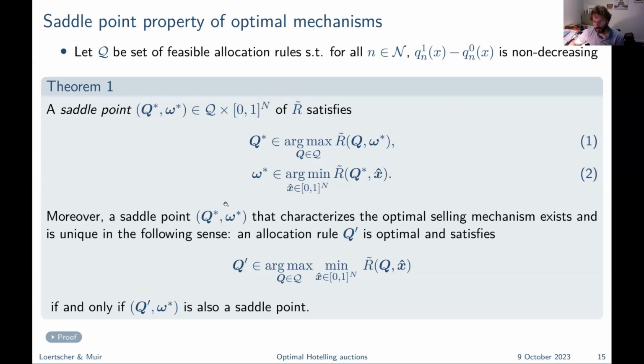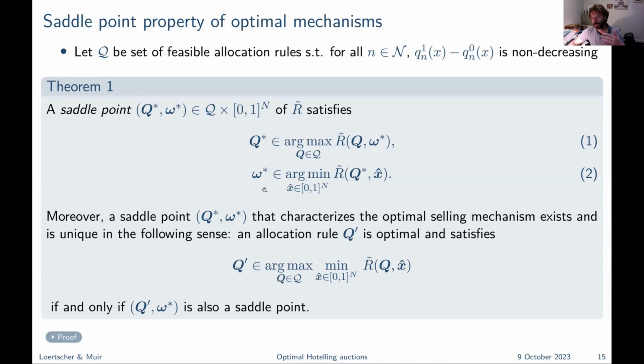And moreover, the saddle point is unique in the sense that if Q prime is optimal, then it also has to be a saddle point.